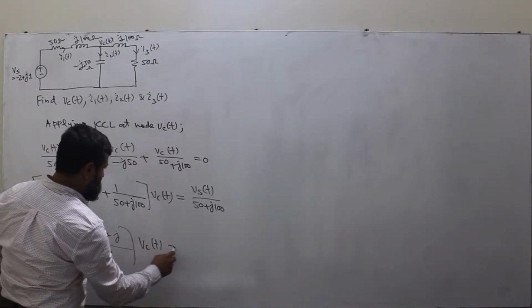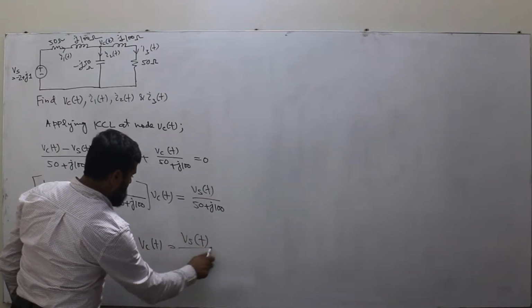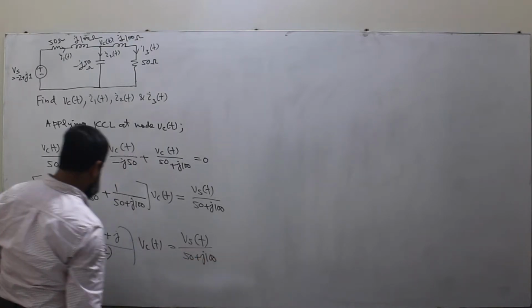Vc(t) is equal to Vs(t) divided by 50 plus j100.